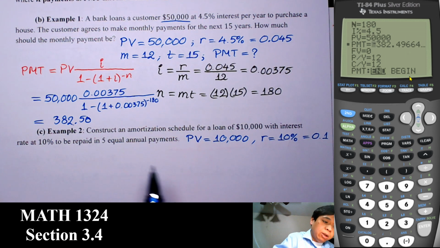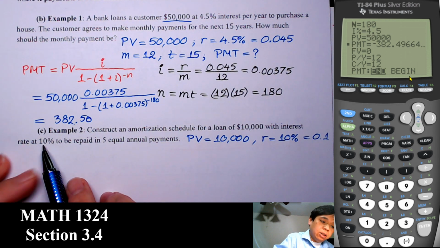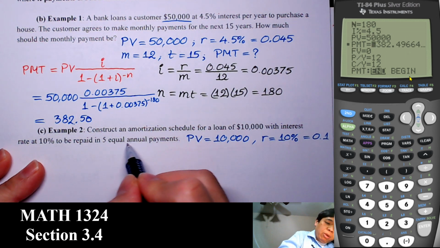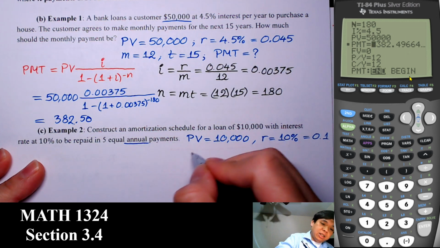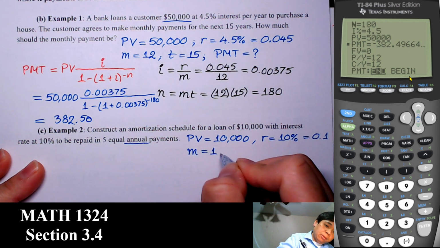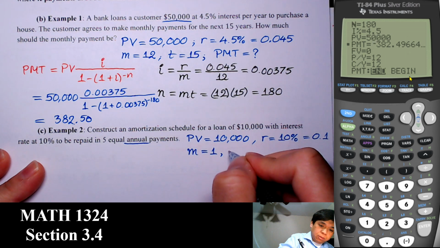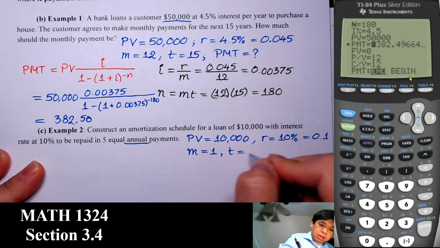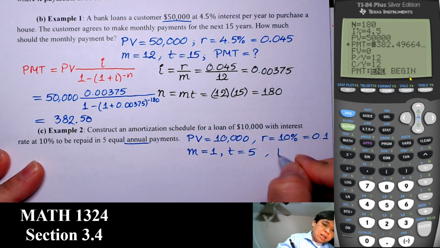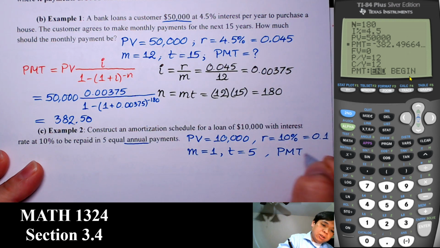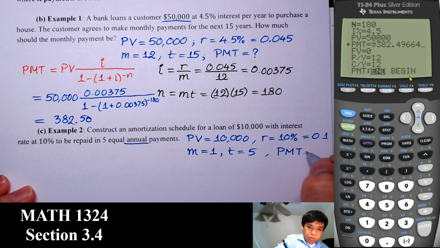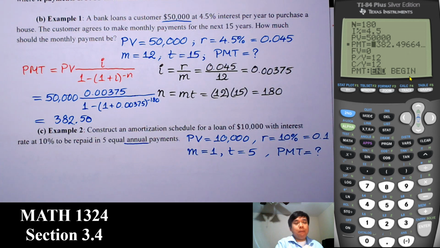Annual payments, so once a year, for 5 years. First, let's calculate the payment amount, and then we go from there.